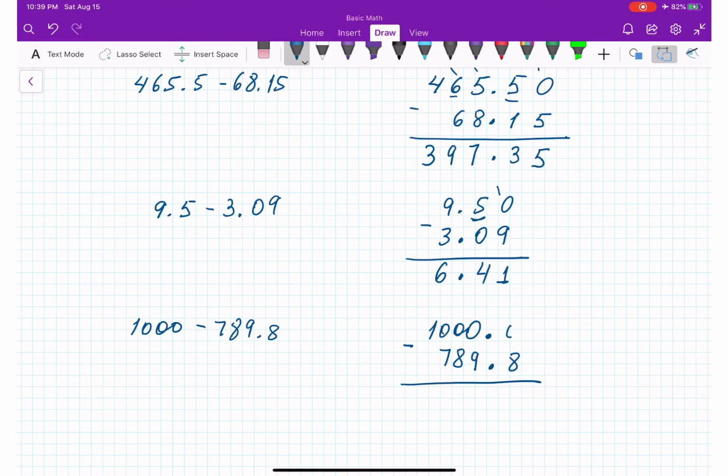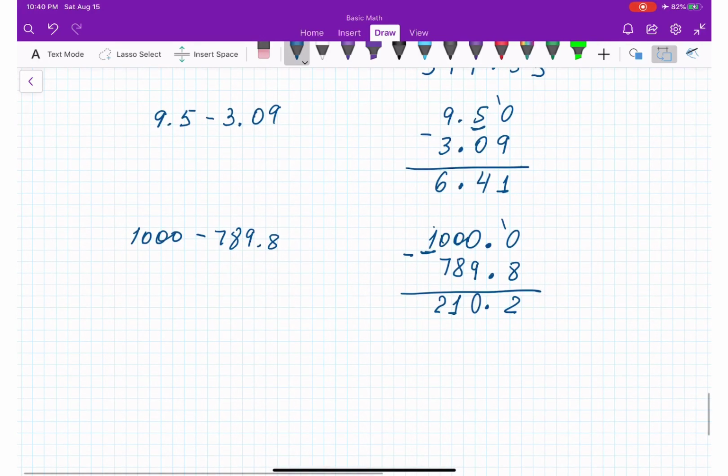So I'm plugging here 0. 10 minus 8 is 2. Here I will have what? I borrow this 10 all the way from this 1, which means all these zeros become 999, right? So 9 minus 9 is 0. 9 minus 8 is 1. 9 minus 7 is 2. And there is nothing left. It was 0 already anyway.